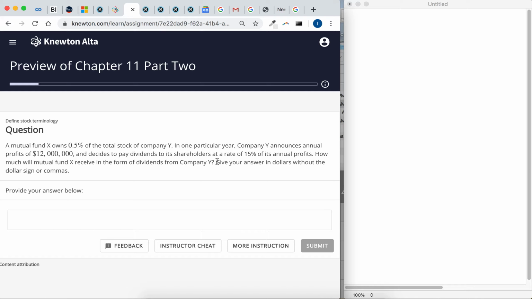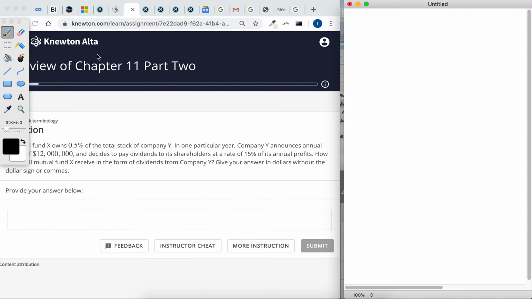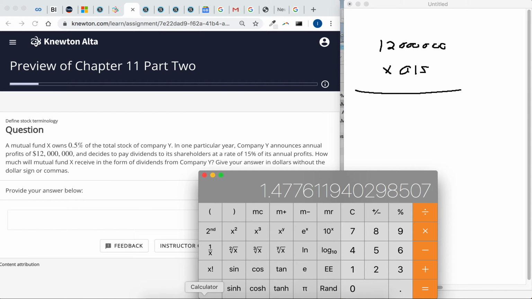So they make $12 million, and they're giving 15% of its earnings to shareholders. So just take that 12 million, multiply by 0.15. That's going to give you how much they're going to disperse.